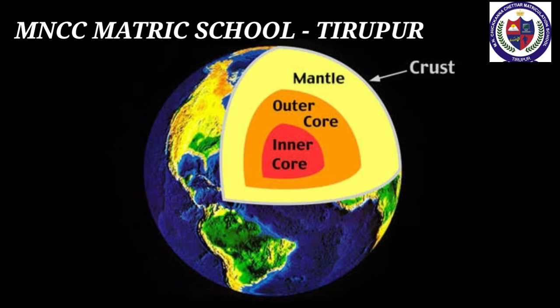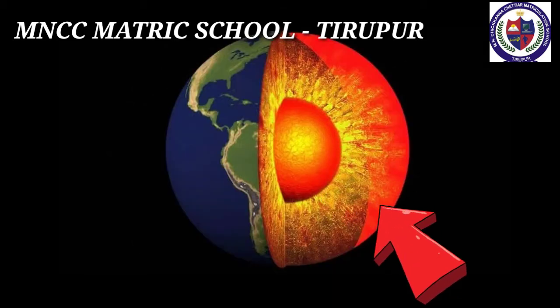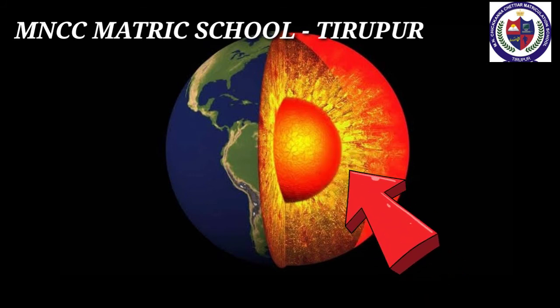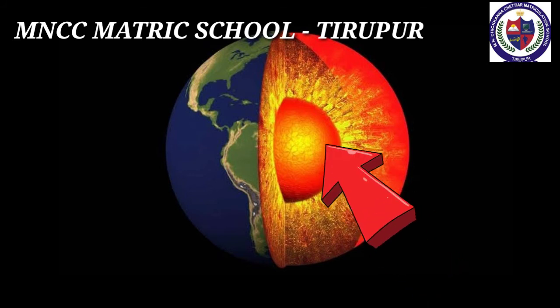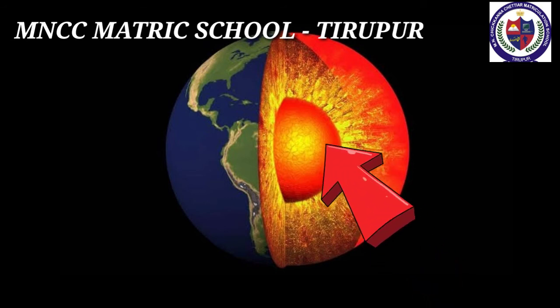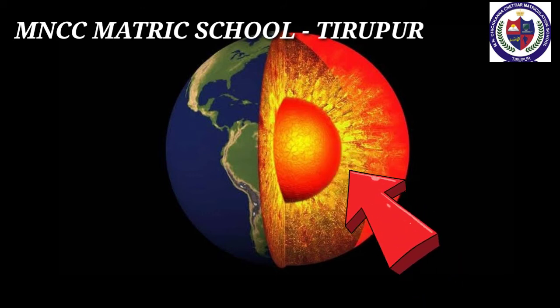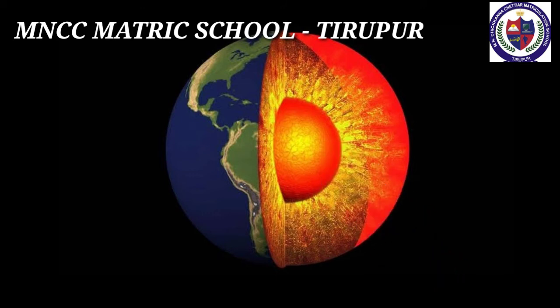The core. The innermost layer of the earth is called the core. It is also known as barosphere and separated from the mantle by a boundary called Wishart-Gutenberg discontinuity. The core is also divided into two parts, the outer core rich in iron and in liquid state.